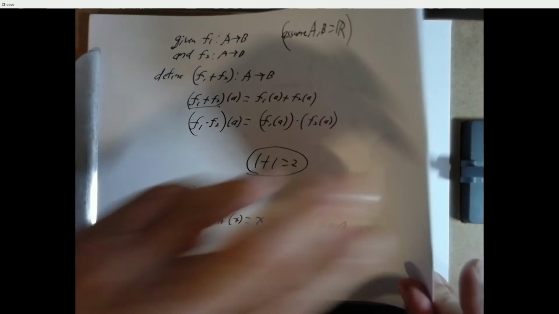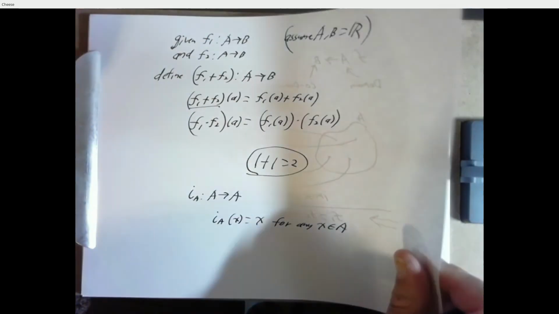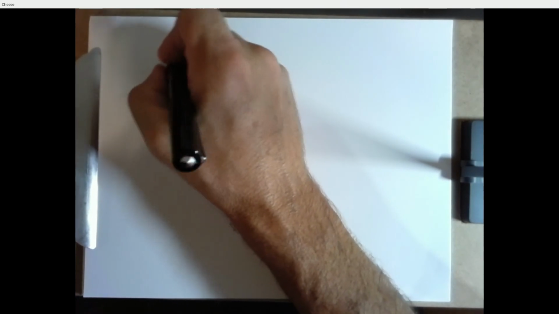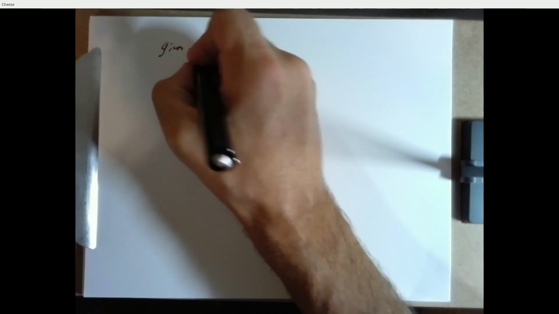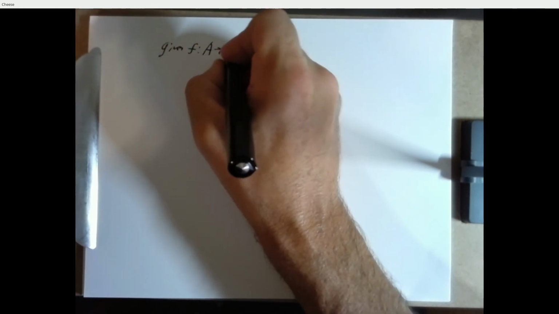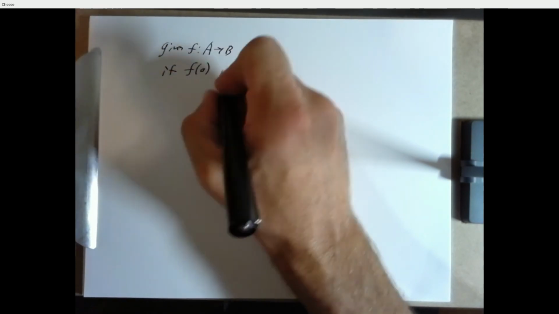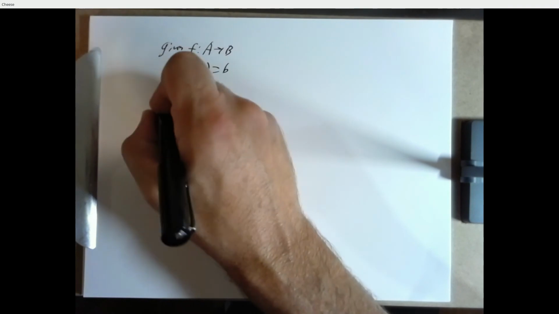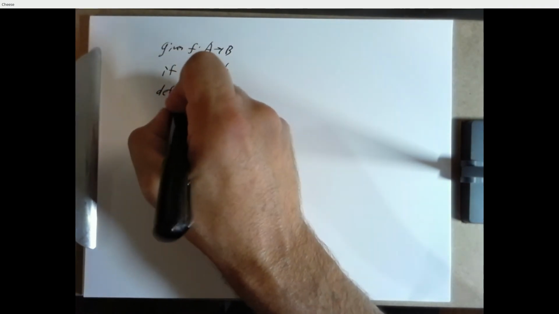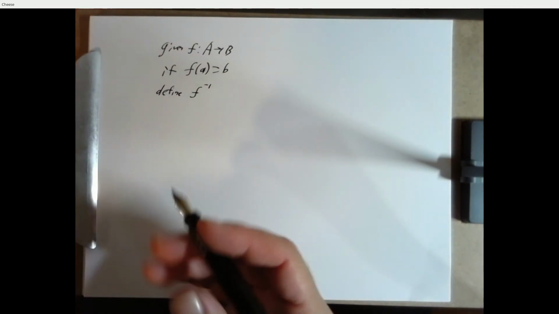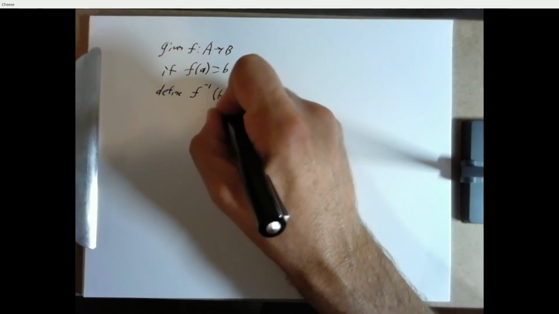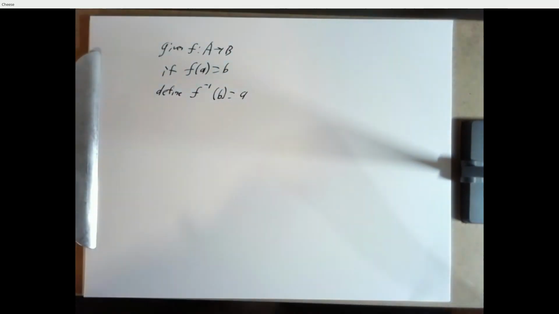Okay, we can also define an inverse function in some cases. So given f mapping from A to B, if f of a equals b, define a new function f inverse, and this is not a reciprocal, this is a new function f inverse, which takes b to the element a.